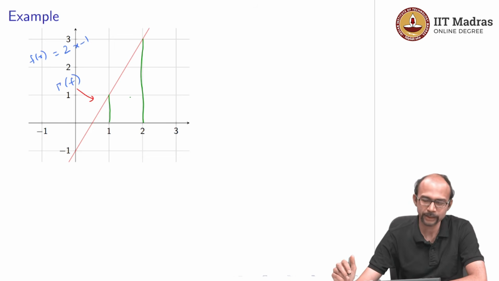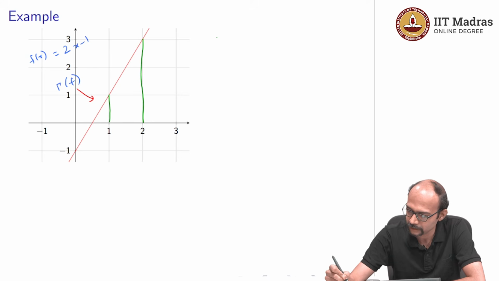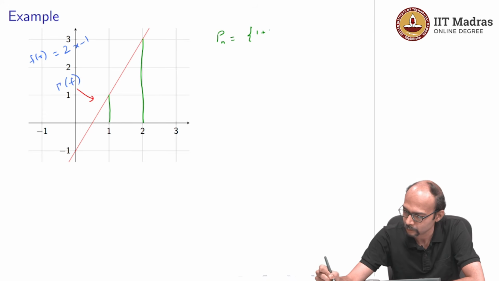Okay. Now, let us try to do this from first principles using the Riemann sums. So let us take a set of partitions, I will call it P_n. What is P_n? P_n is the set of partitions 1 plus i by n. So in other words, what I am saying is x_0 is 1, x_1 is 1 plus 1 by n, x_2 is 1 plus 2 by n, and so on.